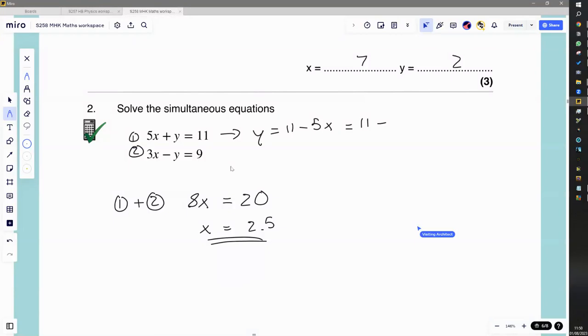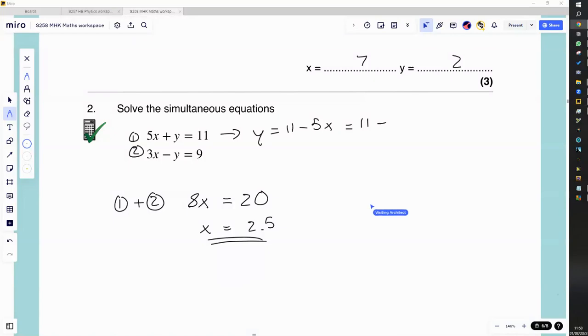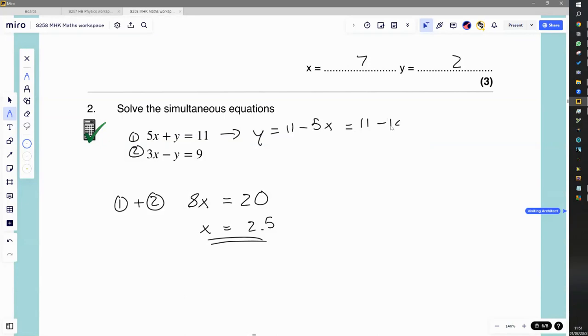What's 5 times 2.5? Correct. 12.5. So 5 times 2.5 is 12.5, and if we do 11 minus that, y ends up being a negative number, negative 1.5.